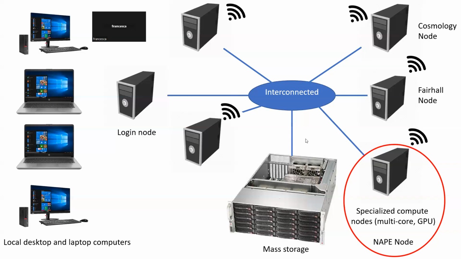So that's how this structure works: there's a general pool that one can use, and then there's also the priority group. Because we're part of the NAPE user group, the NAPE users have priority to use their own node.